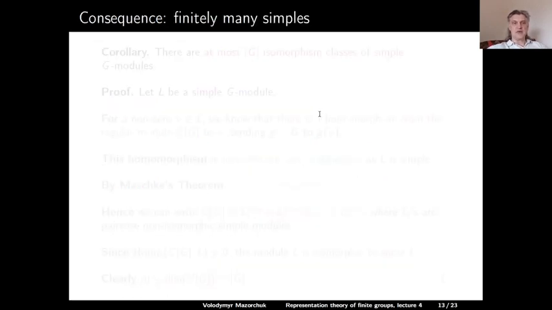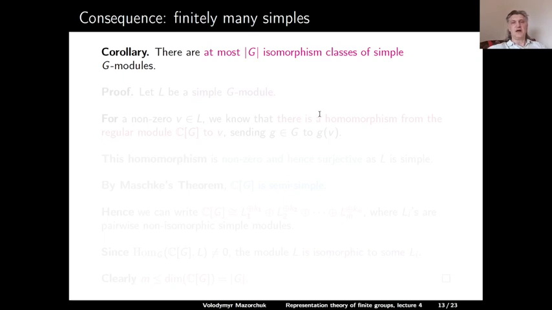One consequence of this is that now we can prove that for any finite group G, there are at most the cardinality of G isomorphism classes of simple G-modules. So the number of isomorphism classes of simple G-modules is finite. Proof: let L be a simple G-module.